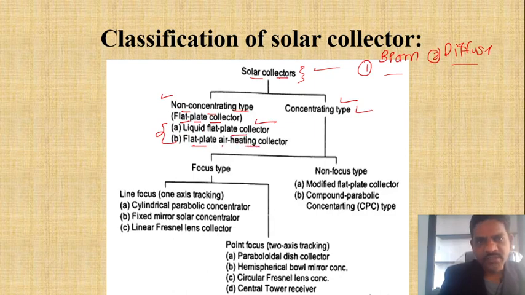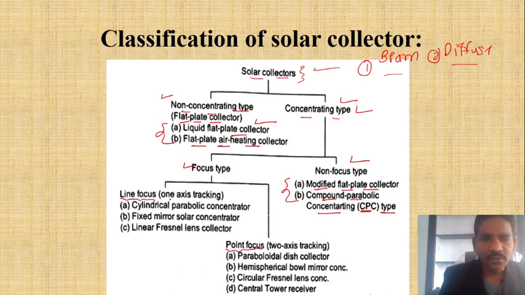The concentric type is two types. One is the focus type, second is non-focus type. Non-focus has two classifications: modified flat plate collectors and compound parabolic concentrator, that is the CPC type. Focus type is also two types, line focus and point focus.